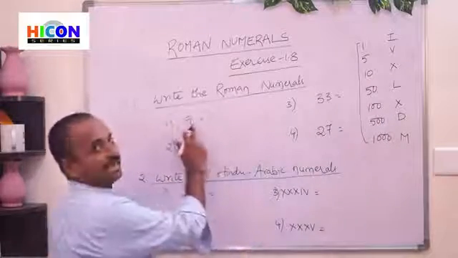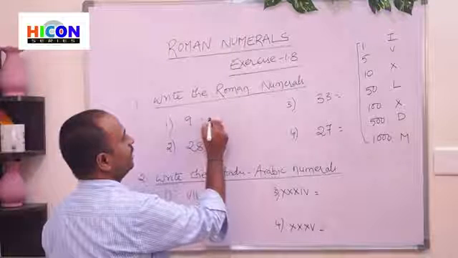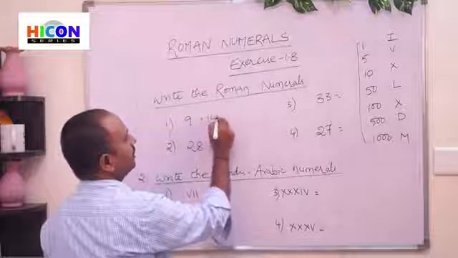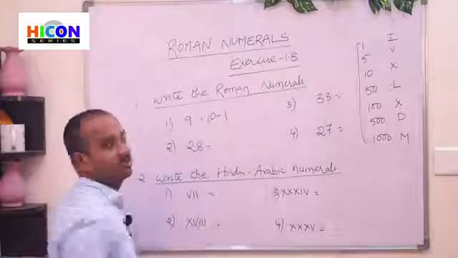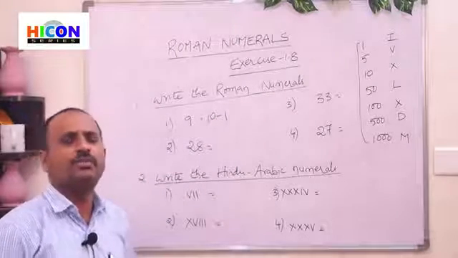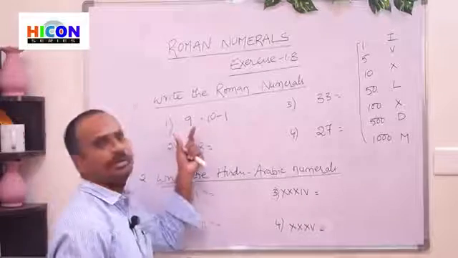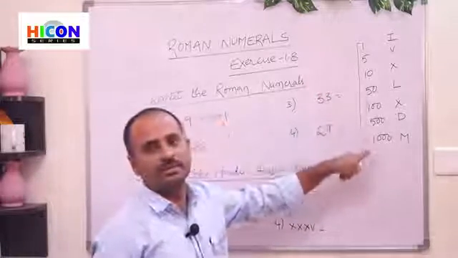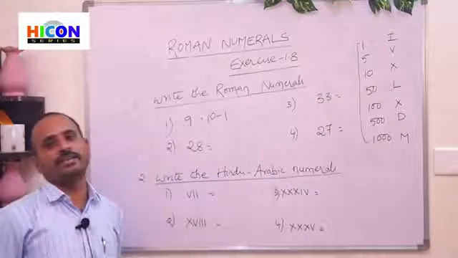So 9 can be converted into 10 minus 1. So 9 can be written as 10 minus 1. That means you have to convert the given number into these symbols by addition or subtraction.